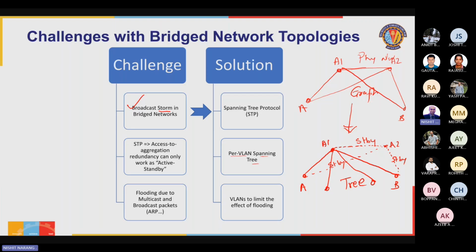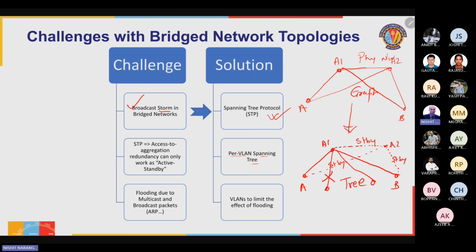So every node is reachable to every other node, but only via one path. The dotted path is only for redundancy when there's a network failure. And when a network failure happens, the spanning tree protocol detects that failure. It runs again. It looks at the standby paths and recreates the spanning tree.